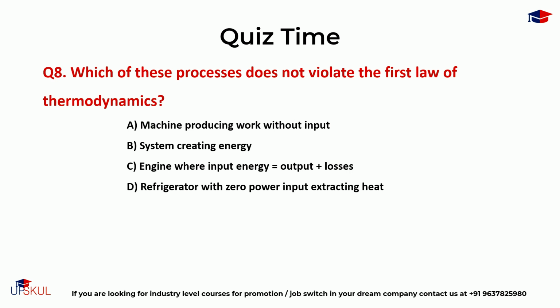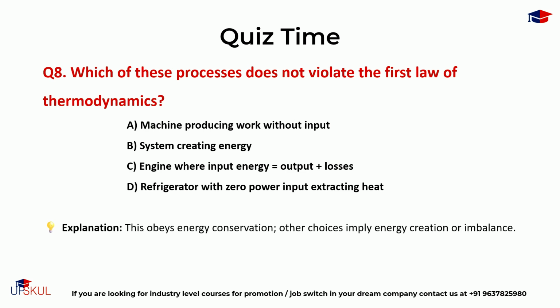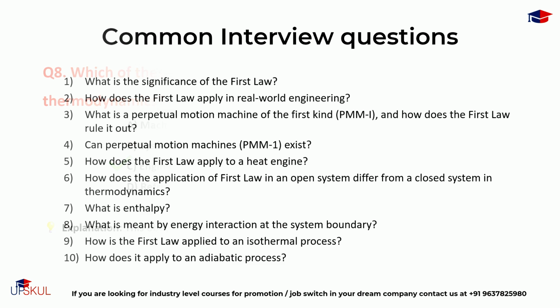Answer is C. Energy where input energy equals output plus losses, because this is the only one that obeys energy conservation, and the other choices imply energy creation or imbalance. So those are not possible. These are some of the interview questions that you need to practice.